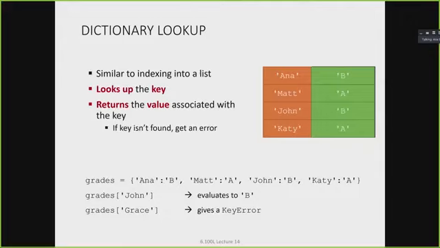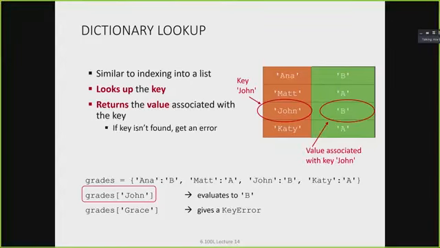So if I say grades square bracket John, Python will go into my dictionary named grades, look up the key John, and return for me the value associated with that key, B. So this entire expression gets replaced with the string B, just like when we indexed into a list, L square brackets 3, we replaced that entire indexing operation with the value of the element at that location.